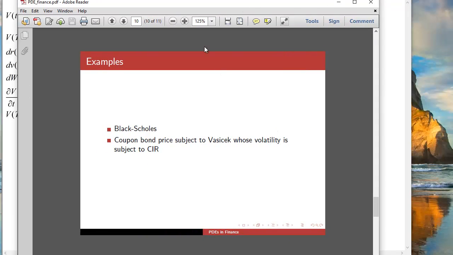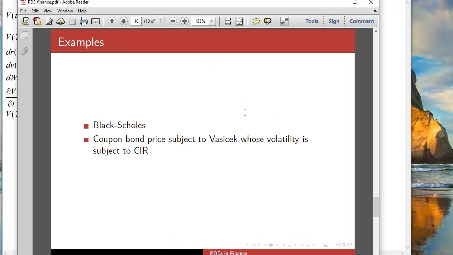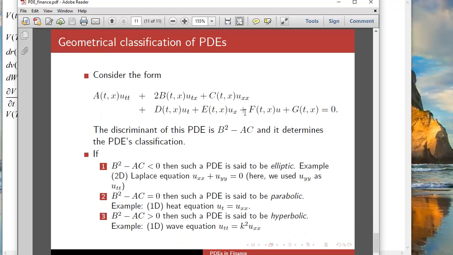All right, so this would be it for the explanations of how to find the PDE for various pricing problems. And now finally I would like to provide you with some discussion about the partial differential equations.